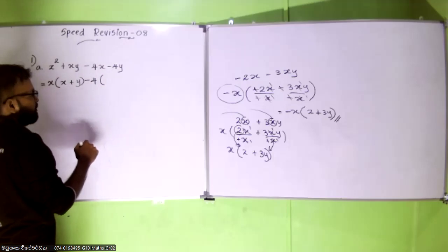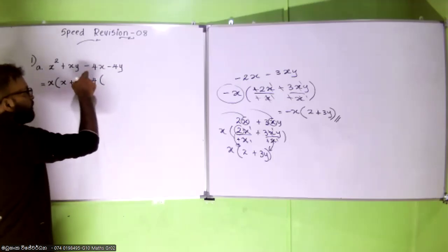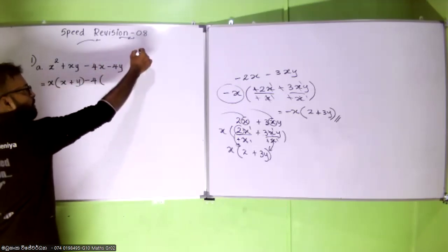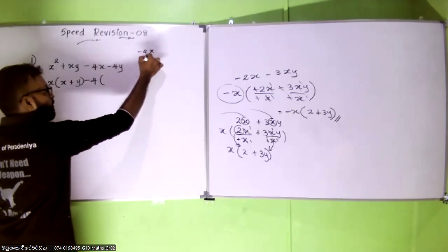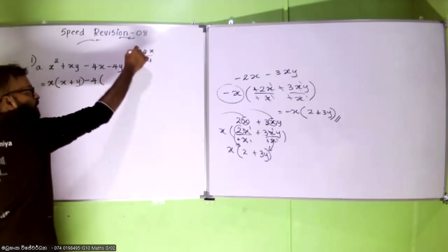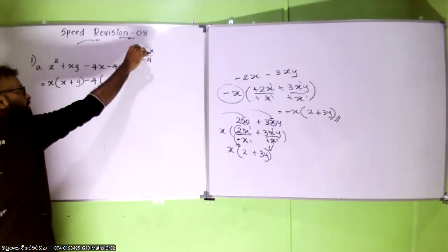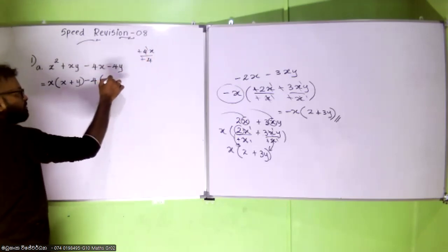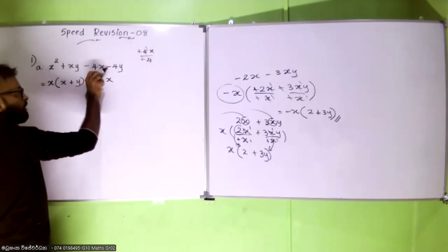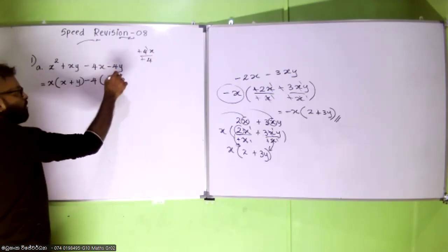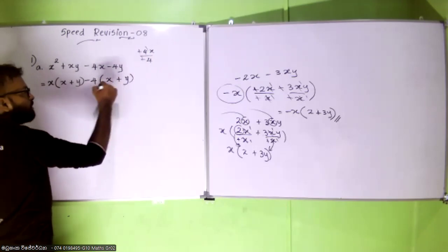Negative 4 divided by negative 4 is positive 1. Negative 4x divided by negative 4: negative divided by negative is positive, 4 divided by 4 is 1, so the rest is x. Here also, negative divided by negative is positive, 4 divided by 4 is 1, so the rest of the term is y.